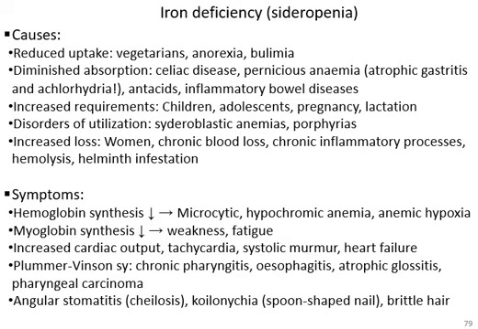Also, disorders of utilization, for instance, in sideroblastic anemias or porphyrias, can be responsible for the symptoms of iron deficiency. And the increased loss, as I mentioned, in women, is a very, very common cause.